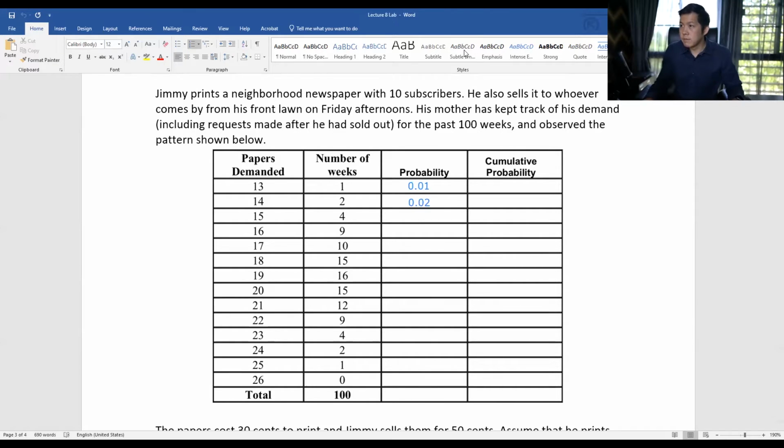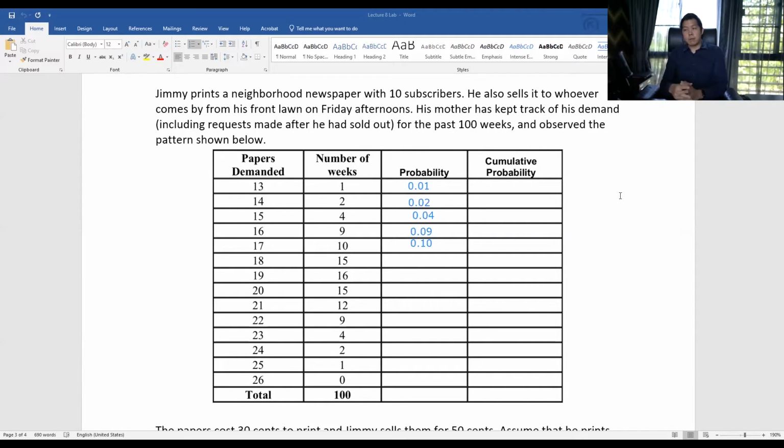Right? Just for an example, I'm going to do this. Okay. Right. So for this one, you need to fill all in.